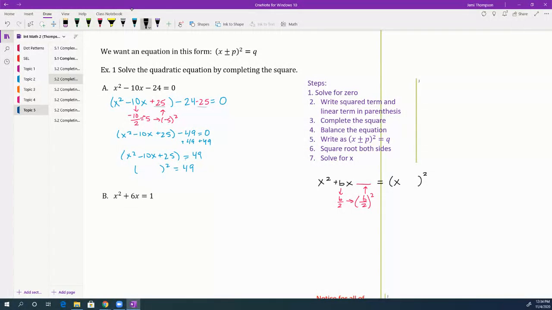When I'm rewriting this, this is always going to be plus b over 2. And this takes the sign of b. So it might be plus or it might be minus. Now this value that's half of b is always this right here. So I get x minus 5. Boom, factored.